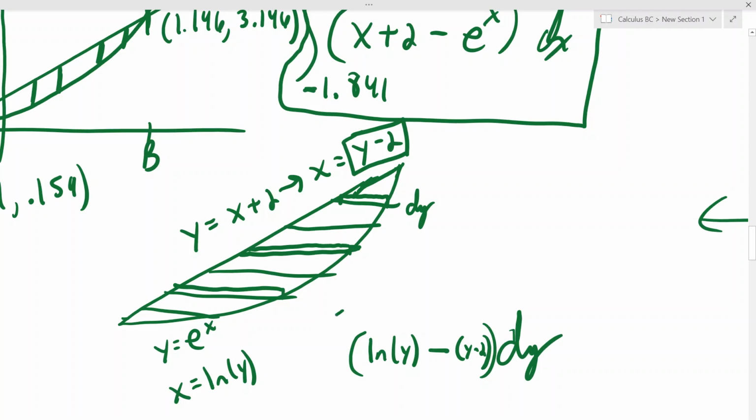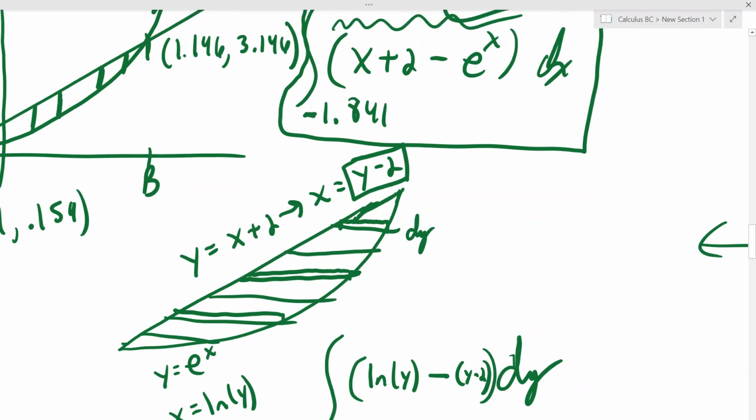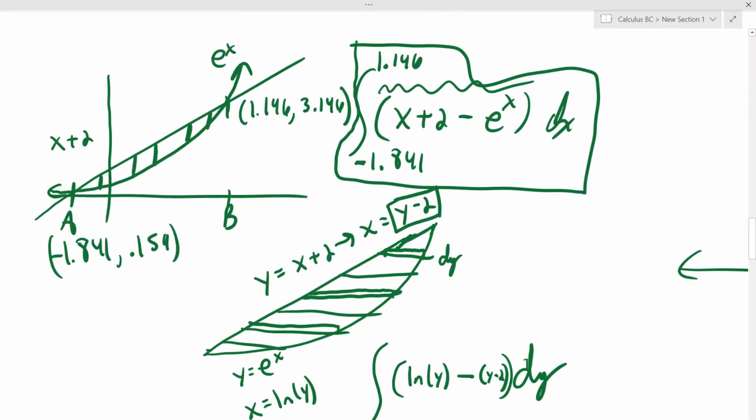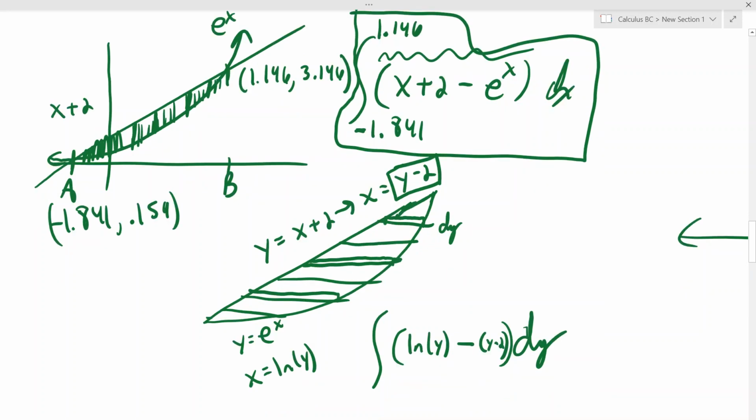But now I need to add up all of those rectangles. And now I need to tell it what y is doing, not x. So x was going from negative 1.841 to 1.146. And again, all I was doing was putting rectangles like this up and down from where they intersect to where they stop. What I need to do down here with y's is put rectangles like this where they start all the way to where they stop.